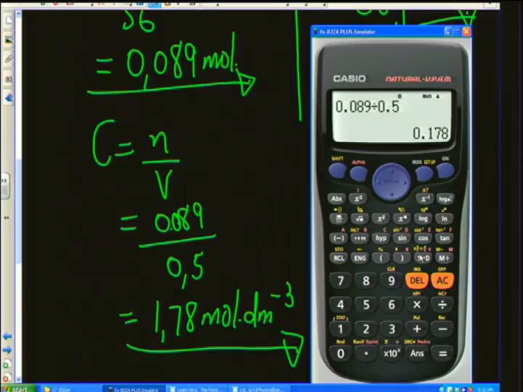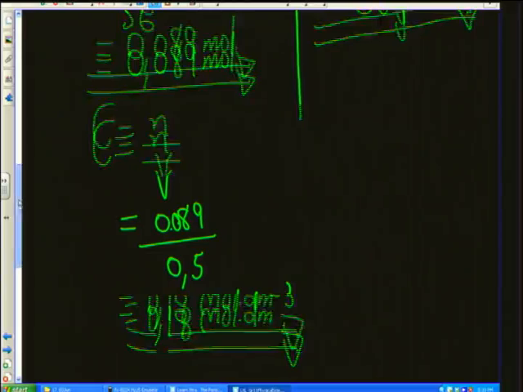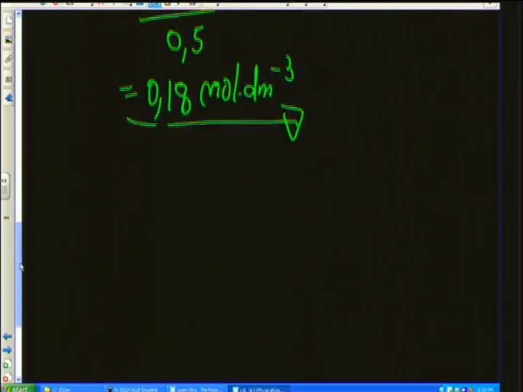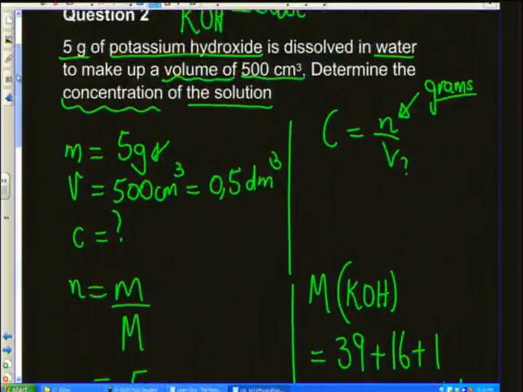We're getting 0.178. So the answer is 0.178, so that's 0.18, of course, mole per cubic decimeter. So we have found the concentration here, and therefore we have answered this question.